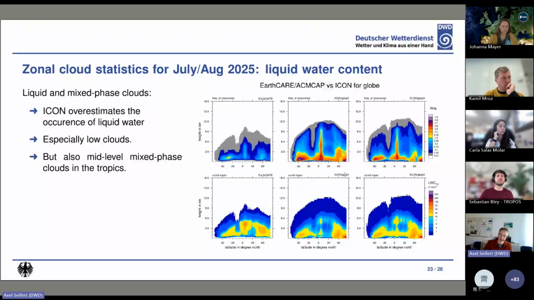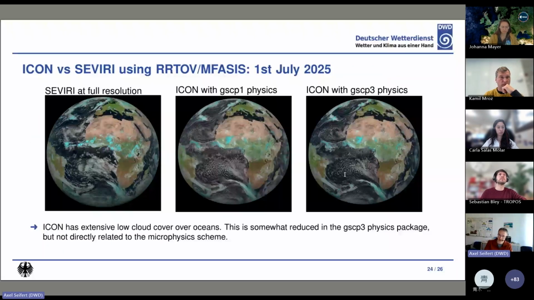And that's really interesting to see from EarthCARE, with the vertical profiles and these ACM-CAP retrievals. So we had this suspicion before. This is a forward calculation for MSG SEVIRI in the visible range. The left plot is from the observations, so simply the SEVIRI disk. And next to it, you have the corresponding ICON forward simulations.